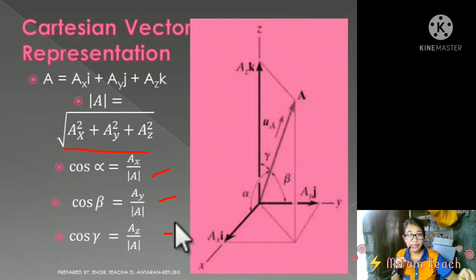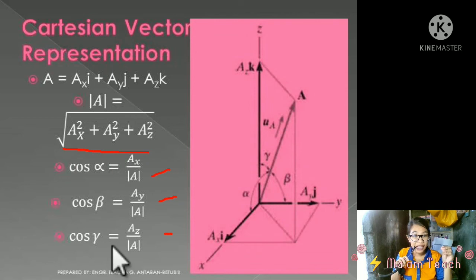Because, class, this alpha, this beta, and this gamma are the angles, the direction with respect to each of the components or axes. So for example, alpha is the direction with respect to x, beta is the angle with respect to y, and gamma is with respect to z. But what if you are asked for the unit vector itself, the direction itself? What will you answer?